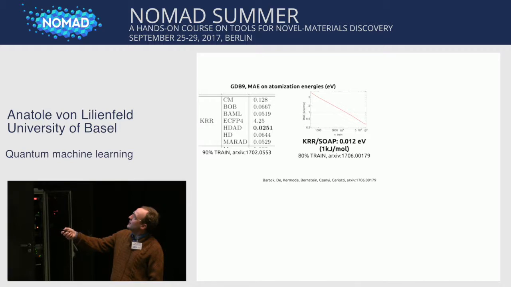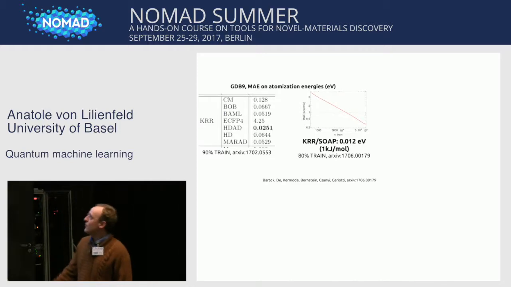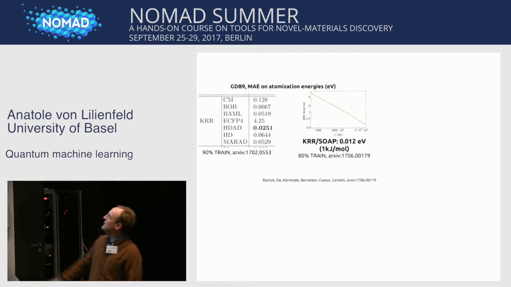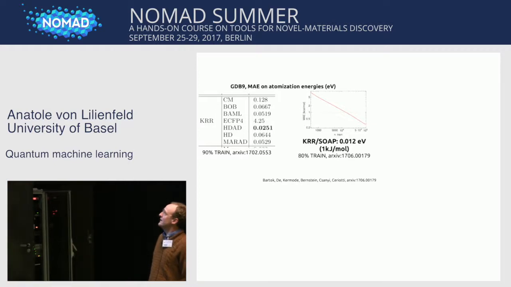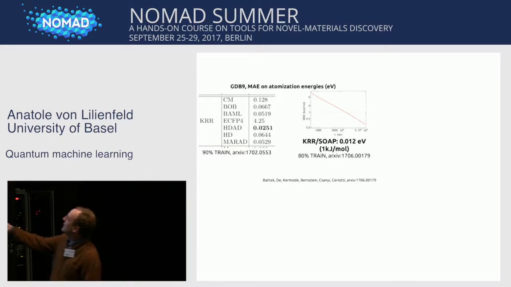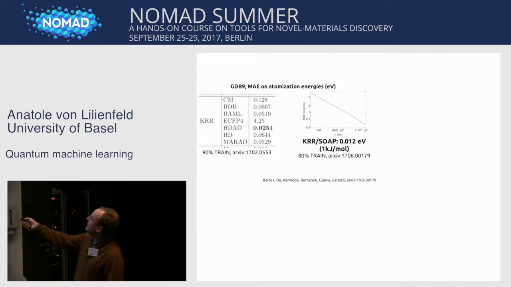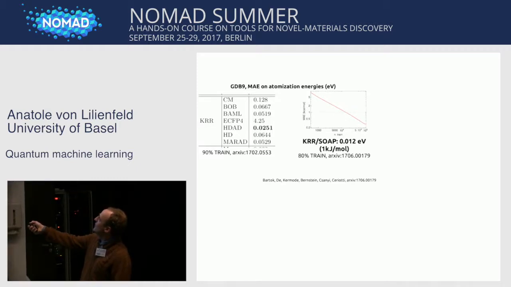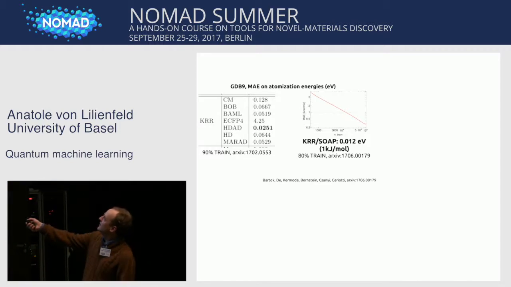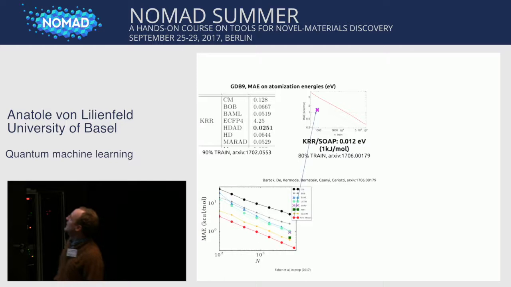So the HDAD was what I showed you from the Google collaboration, where we trained on 90% of the 134,000 molecules, and this is the error in eV. And Gabor could show that this SOAP kernel with Michele gets better with less training. So that's very exciting, and they have a learning curve.